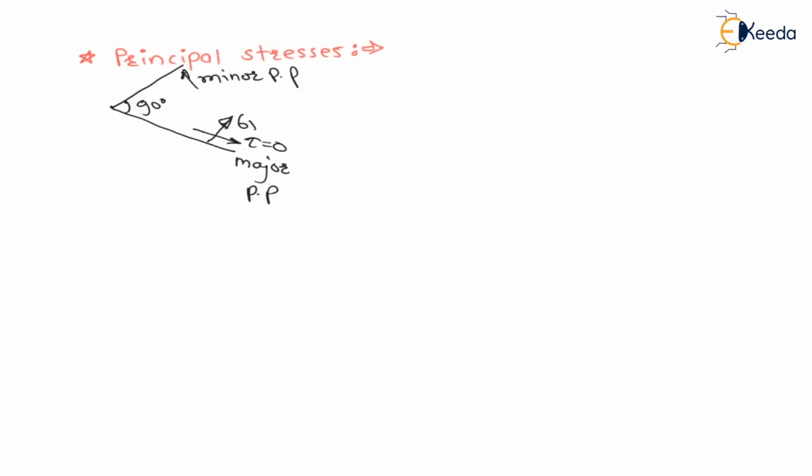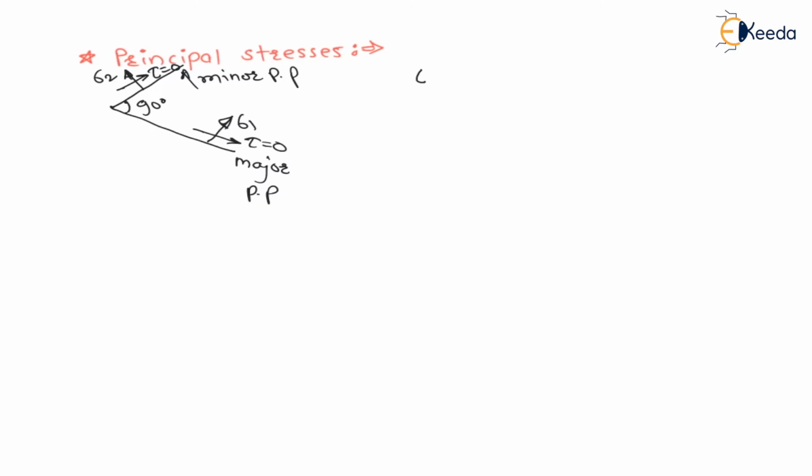And again on the minor principal plane the perpendicular stress is sigma 2 and the shear stress acting on the minor principal plane is also 0. That means the angle between major and minor principal plane is 90 degrees, and on both planes shear stress is 0.